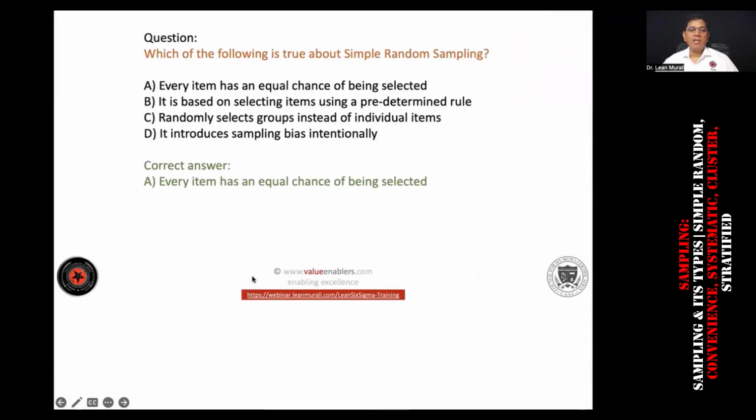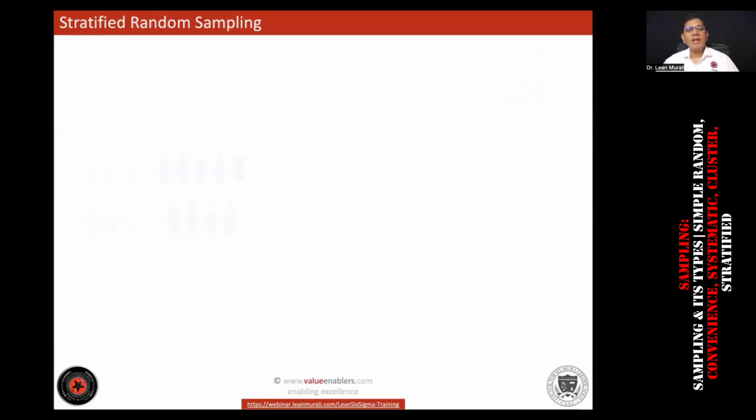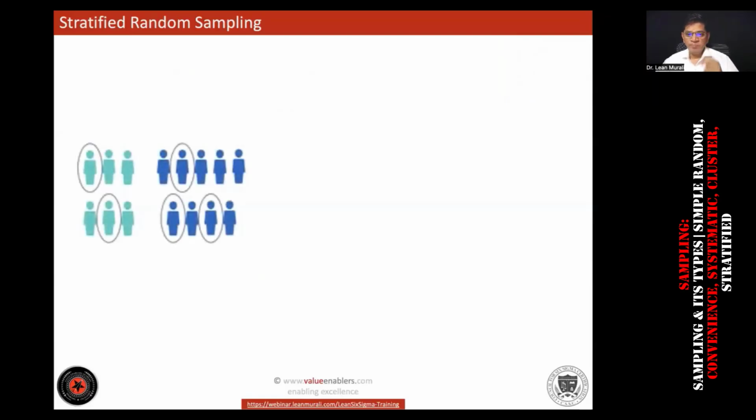Fantastic. So let's quickly get into what is called stratified random sampling. Earlier you saw all the blues and greens mixed together. Now what we are doing is separating the blue collared and green collared people separately, and from there we are picking randomly.